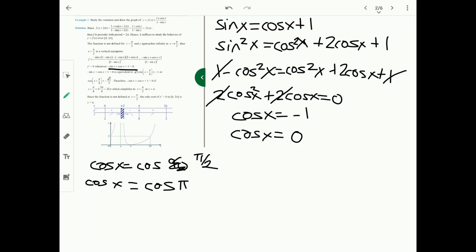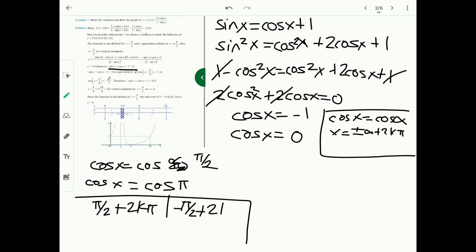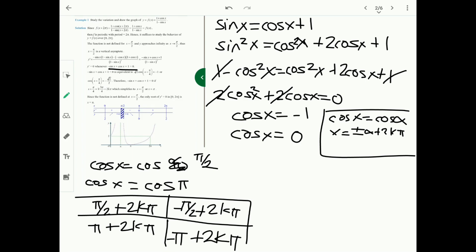Now we should remember, if cosine x equals cosine alpha, for example, then x is equal to plus or minus alpha plus 2k pi, right? So using that exact same thing here, we get pi over 2 plus 2k pi, minus pi over 2 plus 2k pi, and our bottom two equations would be pi plus 2k pi and minus pi plus 2k pi, right?